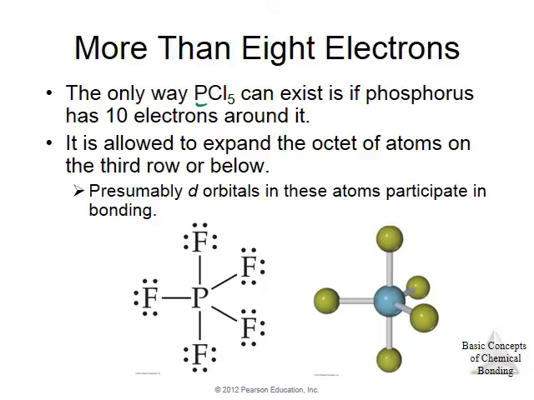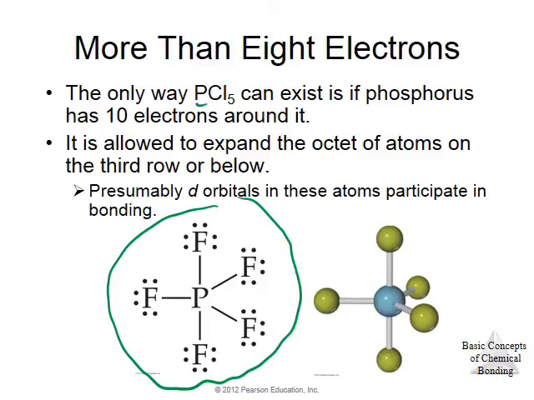That's why this is an exception; PF5 and PCl5 are all like this. You have 5 atoms bonded and each has a pair of electrons, so basically you have 5 pairs of electrons around phosphorus. So it breaks the octet rule.